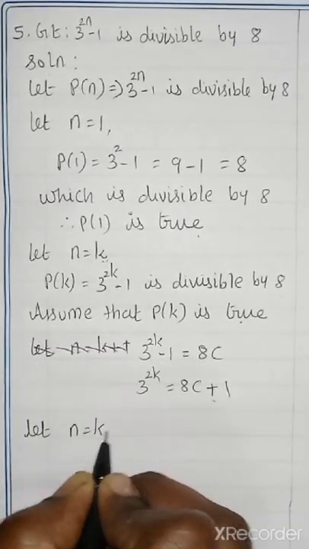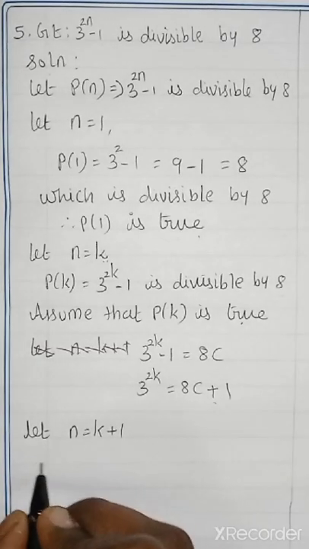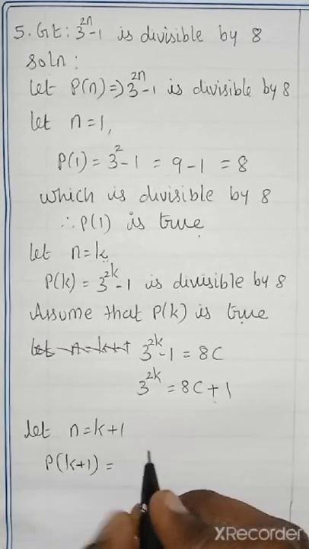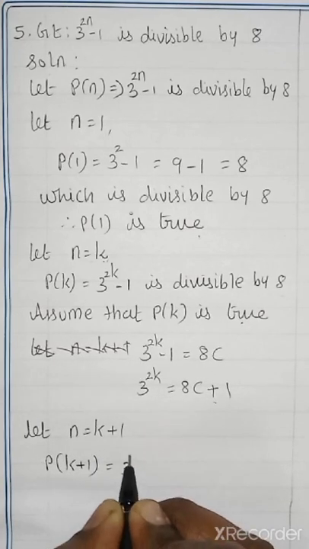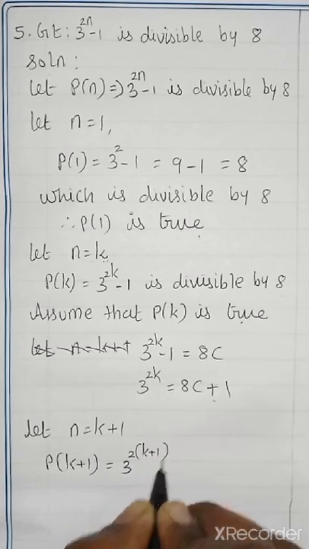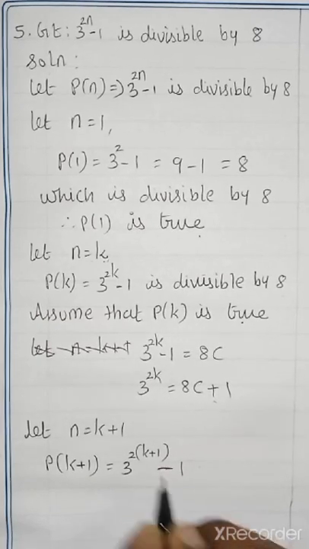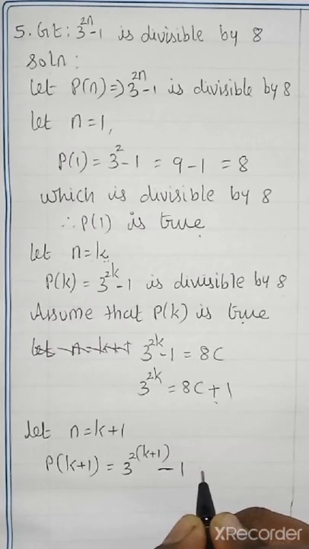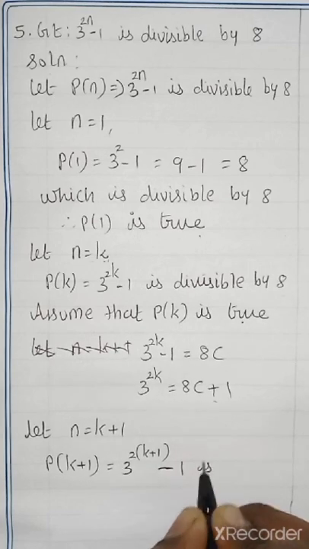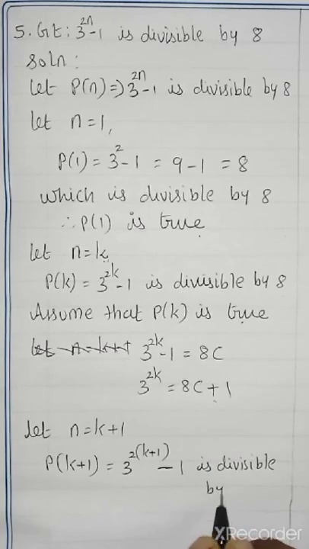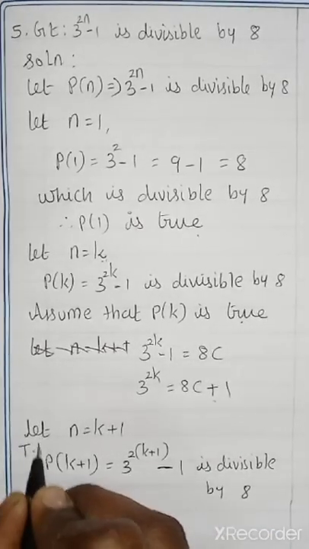Let n equal to k plus 1. So P of k plus 1 equals 3 power 2 into k plus 1 minus 1 is divisible by 8. Correct? We want to prove this one only.